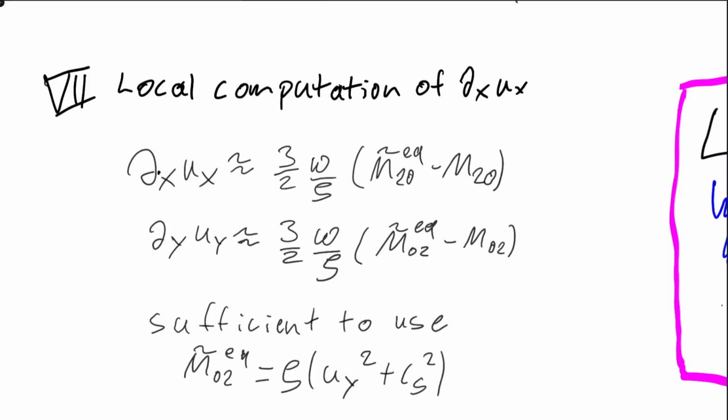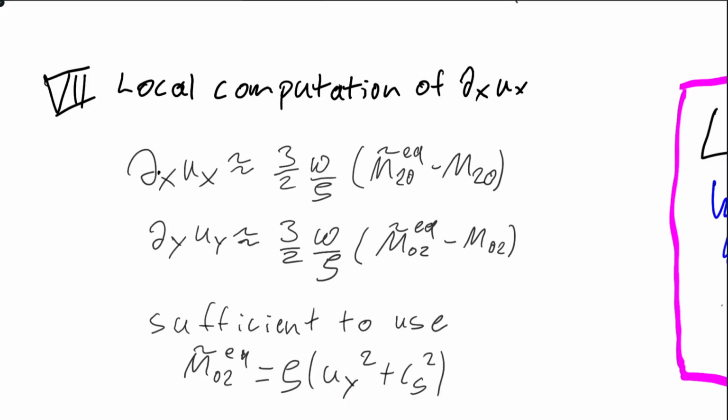And well, this is done by asymptotic analysis, which we learn in lecture 6. So through asymptotic analysis, we can compute the gradient of the velocity from the non-equilibrium moments of second order. And here it is actually sufficient to use the usual equilibrium without the add-on, because the add-on is only a very small modification thereof.